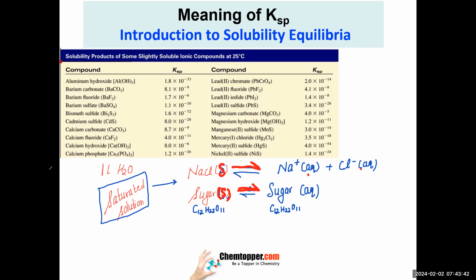Equilibrium is a dynamic state, you remember? But at the same time, precipitation is also happening, going in the reverse direction. The red arrow on top indicates dissolution of the solid in water, and this arrow is precipitation.